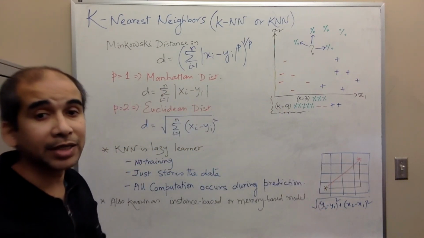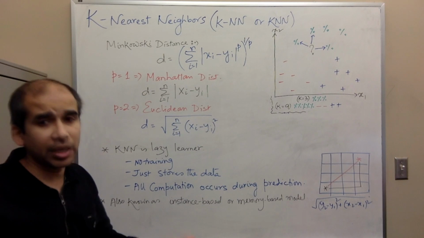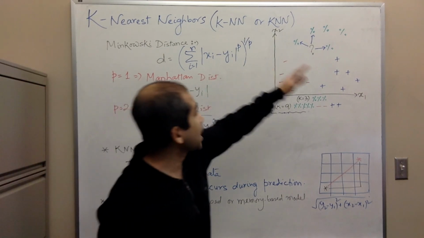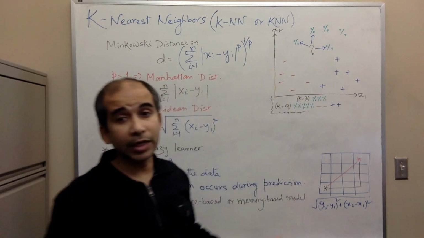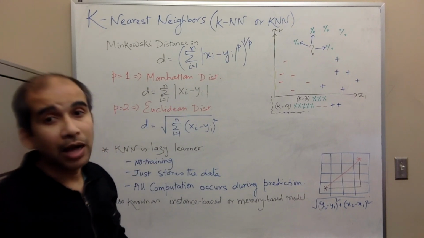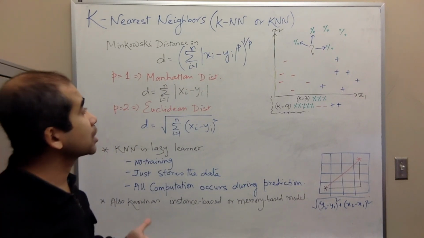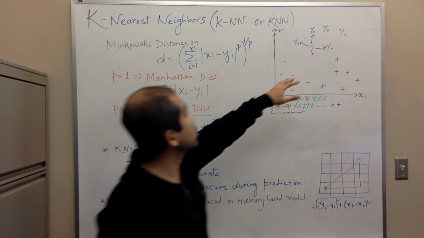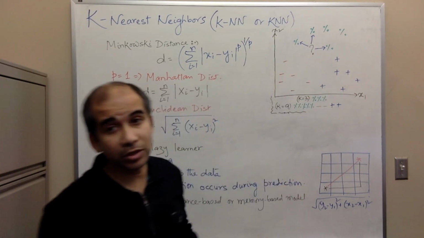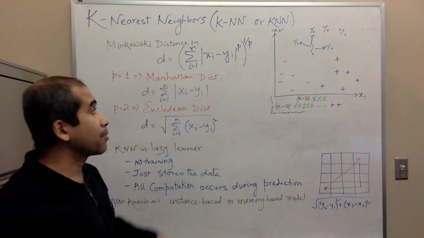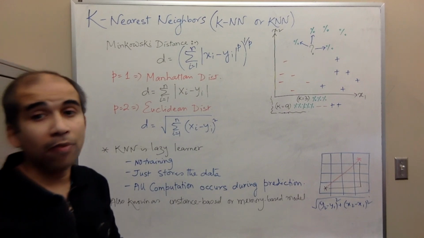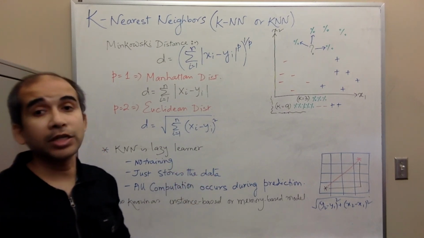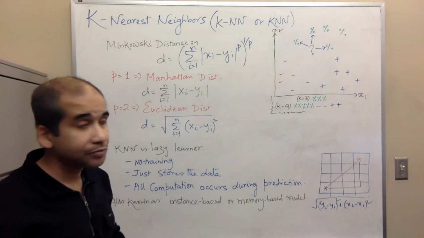One thing I want to tell you is that KNN is a lazy learner. What KNN does is store all the data points locally in memory until the need for a prediction actually comes. Prediction means, okay, what is the class label for this data point in a classification problem, or what should be the predicted value for a data point in a regression problem.